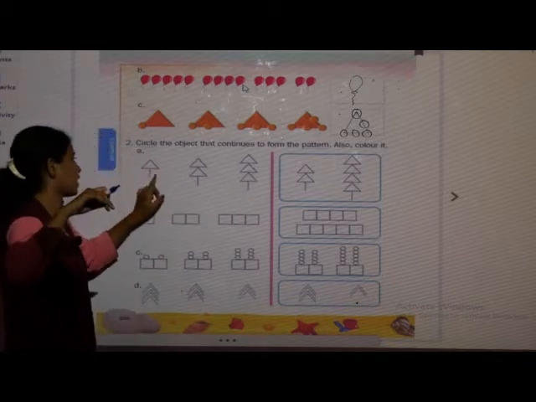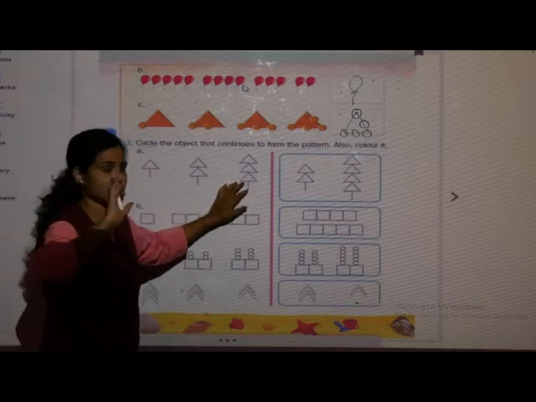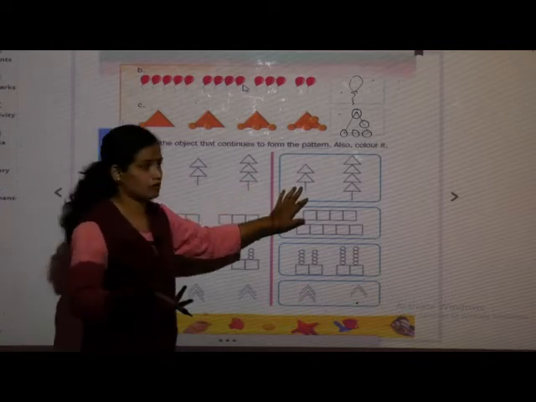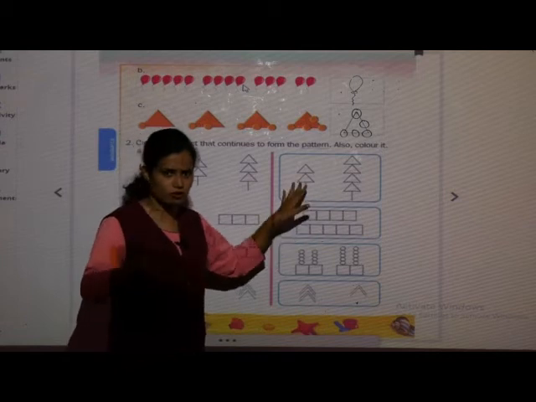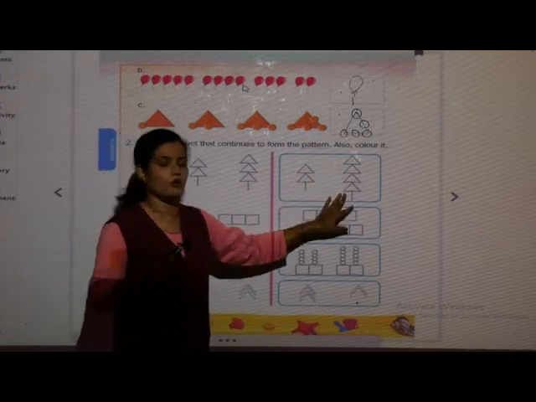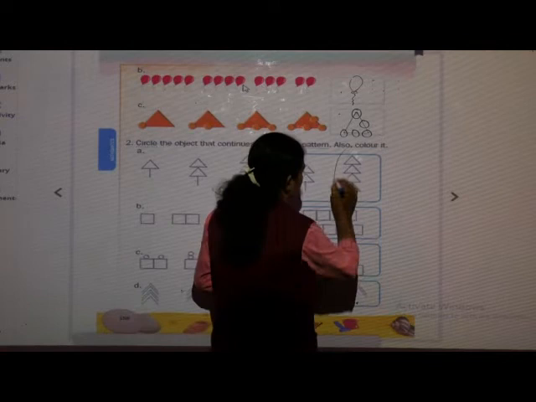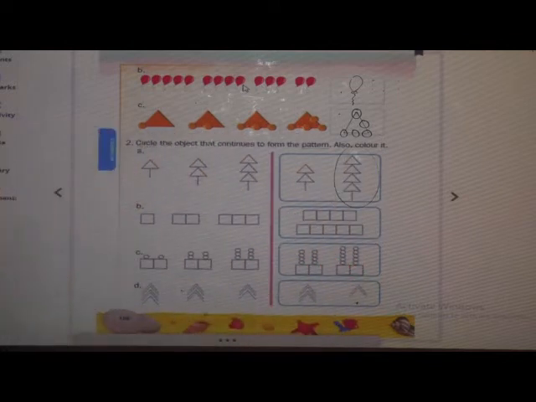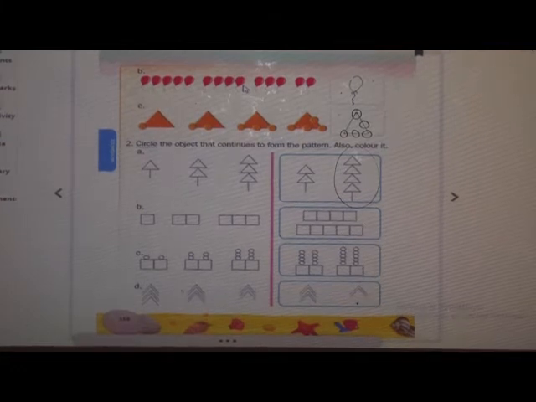Yes, no students? 1, 2, 3, increasing. Then after 3 what comes? 2 or 4? 4. Very good. So circle this, and afterwards you can color.